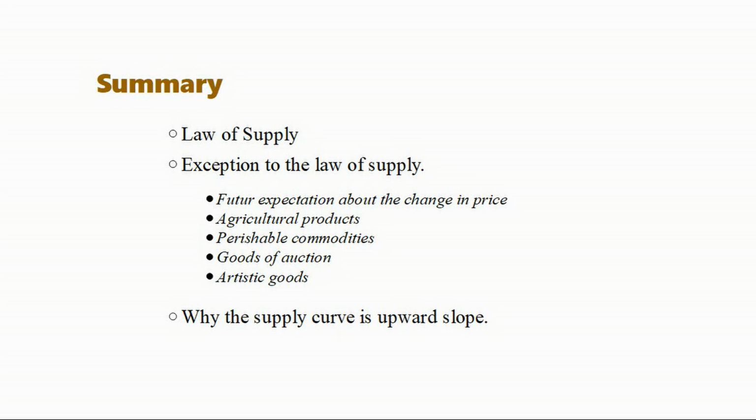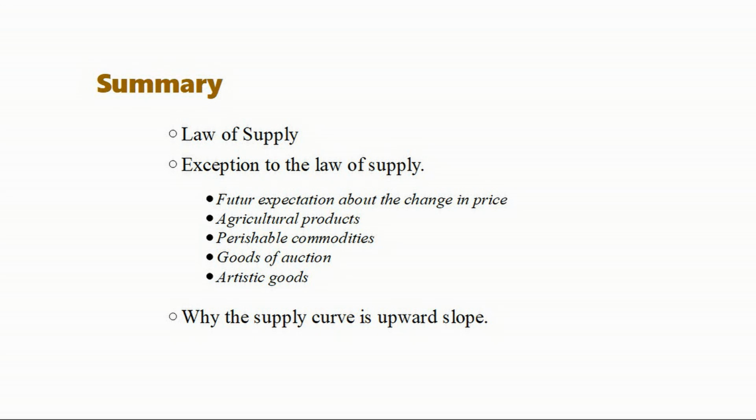And the lower the price, the profit expectation also becomes very low, and firms will decrease their production and their supply of the commodity to the market. The other one is change in stock. The higher the price, firms will be induced to dispose of their stock products to the market. When there is a decrease in price, they will retain their stock.